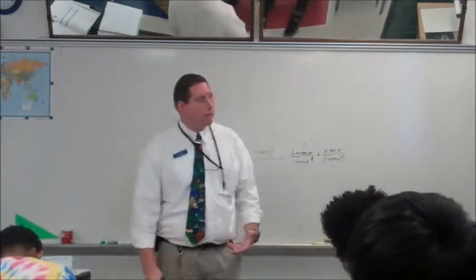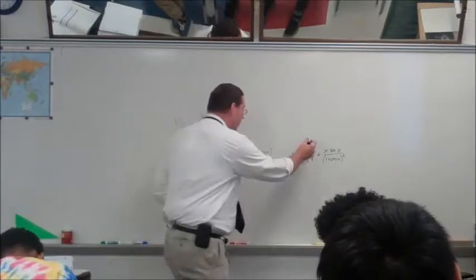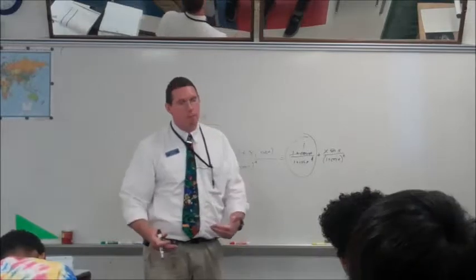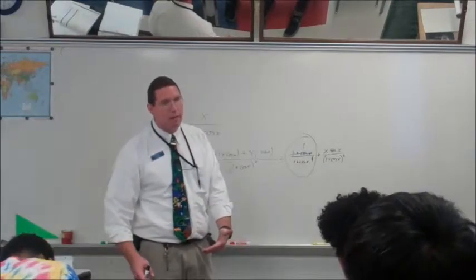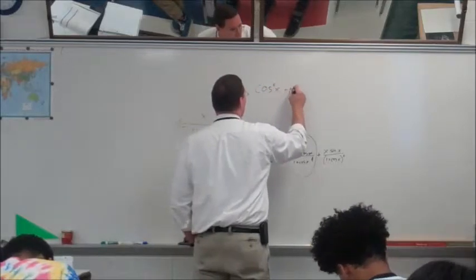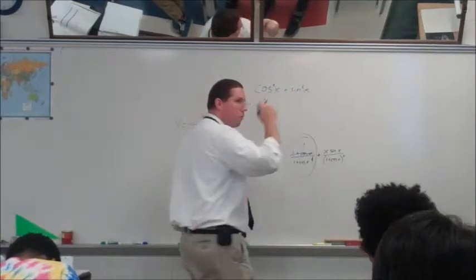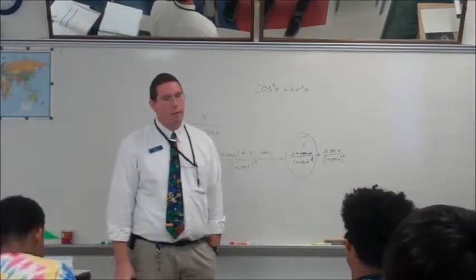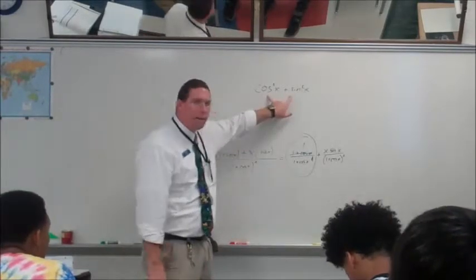What it did was, if you were trying to get somewhere, if this was an identity that you wanted to replace, I keep bringing up this idea of replacing an identity. If you saw cosine squared of x plus sine squared of x somewhere in a formula, what could you replace that with? A 1. Well, what if it didn't quite look like this?